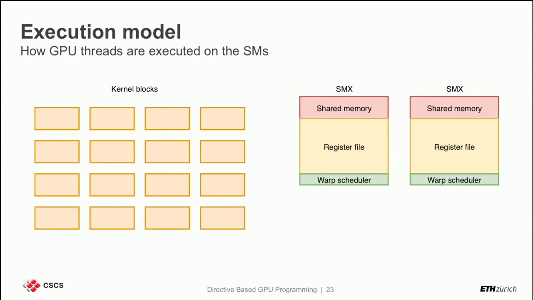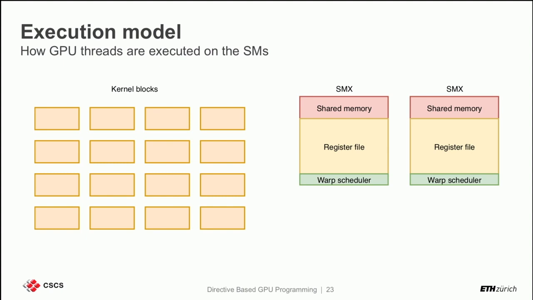But let's see a bit visually how this works. Assume that we have a GPU with two SMs, those multiprocessors. Every multiprocessor has a large register file, shared memory here, and here is the warp scheduler. And here is your application, where your kernel has produced so many thread blocks.